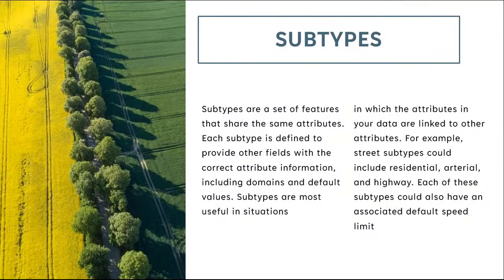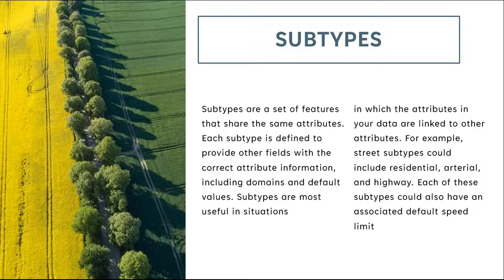Subtypes. Now we established from the introduction that domains and subtypes are components that are interchangeable but very important to each other. So what are subtypes themselves? Subtypes are a set of features that share the same attributes.